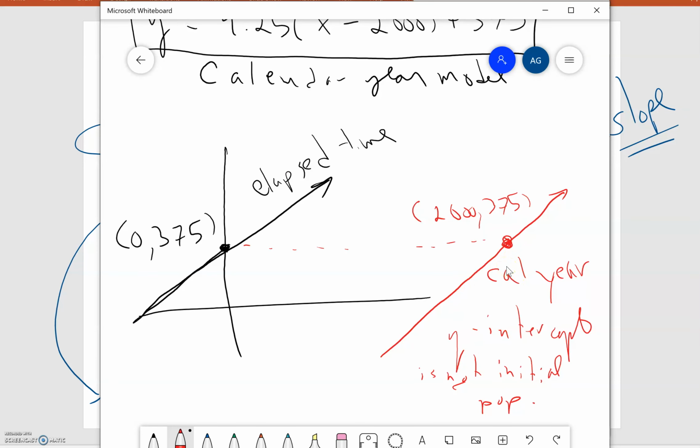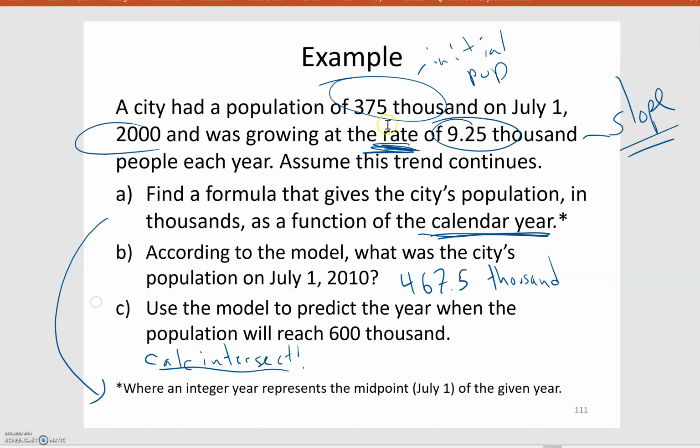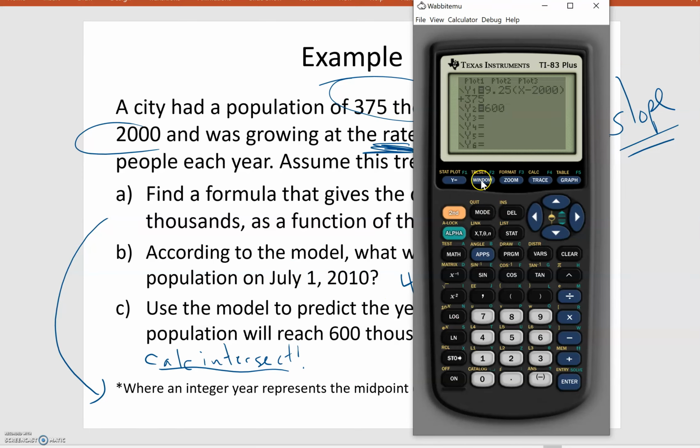And so our window needs to reflect that so that we actually can see it. What that means is that our X min and X max need to reflect the year values. So if we're starting in the year 2000, I think I might go back a little bit to like 1995 or 1990, just so I can get the picture centered a bit.